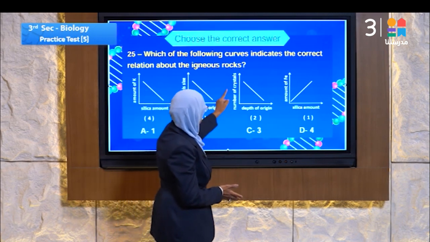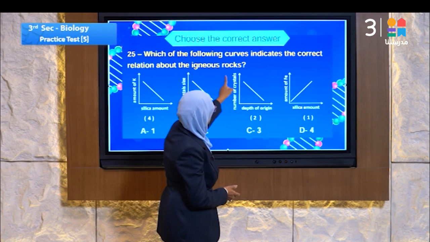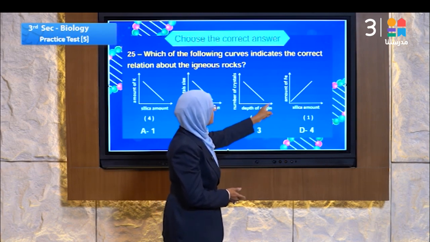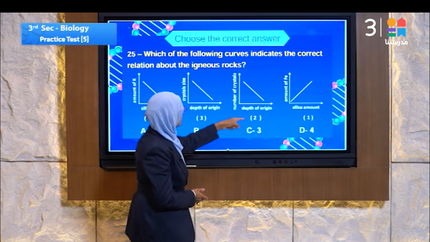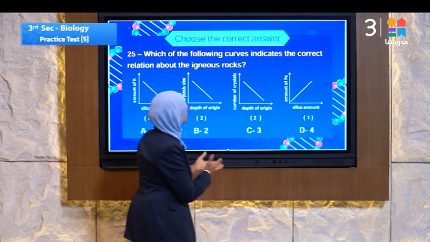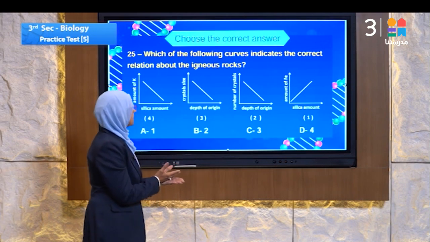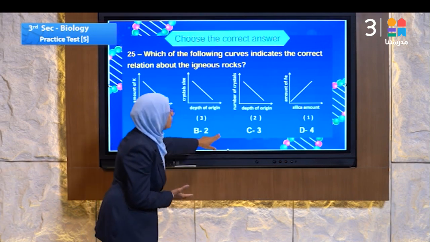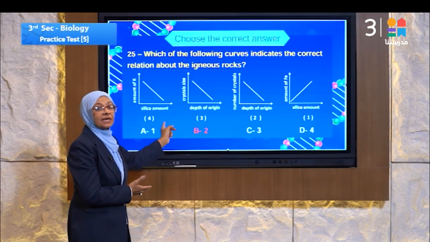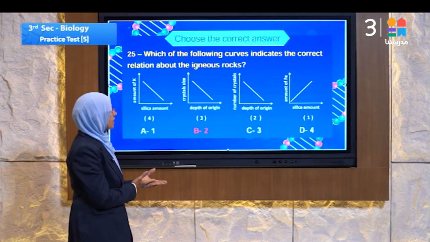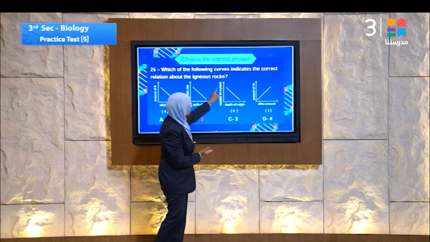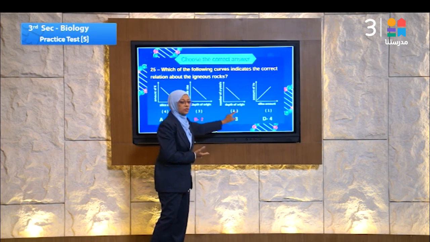These two speak about the size of crystals and depth of origin. Number 1 speaks about the relation between the amount of iron and the amount of silica. Which one is correct? The correct one is number 2, B. Why is B correct? There is an inverse relation between the size of crystals and the depth of origin.